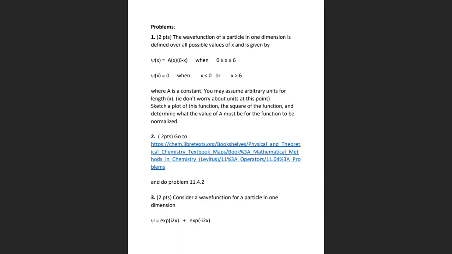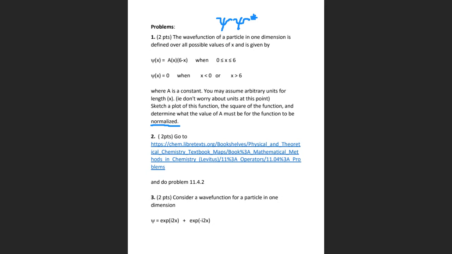I'm going to talk about something really similar in the lecture, and I pointed out an example problem in the link that talks about the whole concept of normalization, which actually came up briefly the other day in the lecture notes, which says that when you take the wave function and multiply it by its complex conjugate, then it's a probability distribution function.